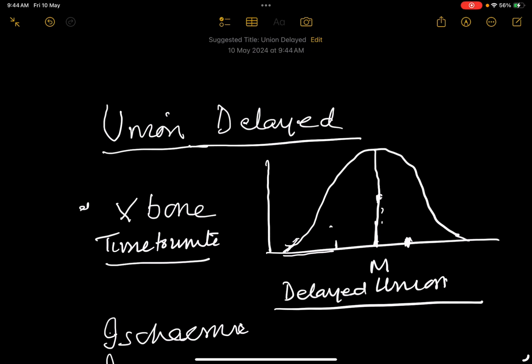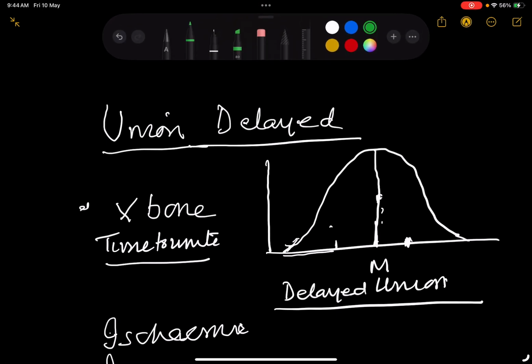Normally you should have, let us say, this much of union by this time, and the union that has occurred is this much. Then this is called slow union.